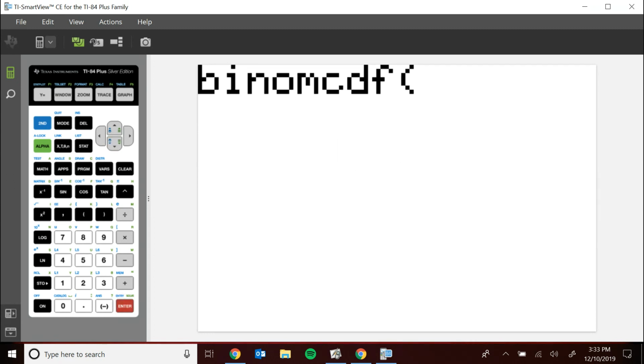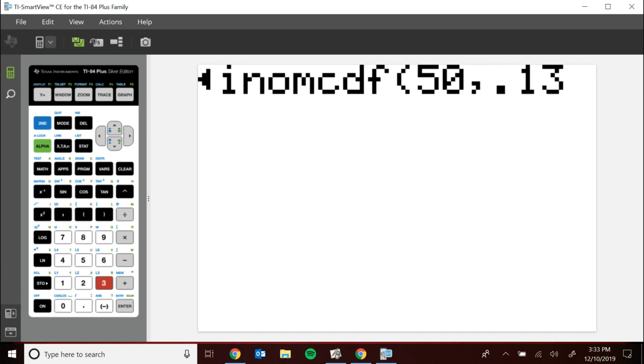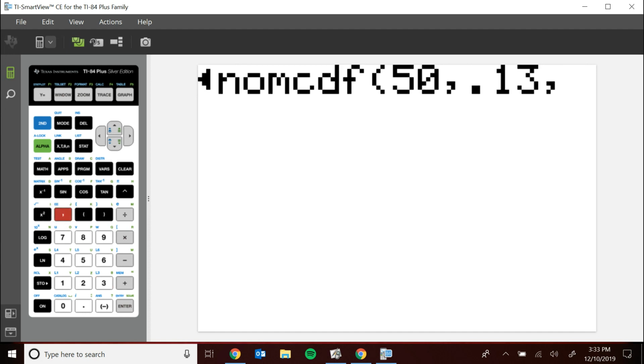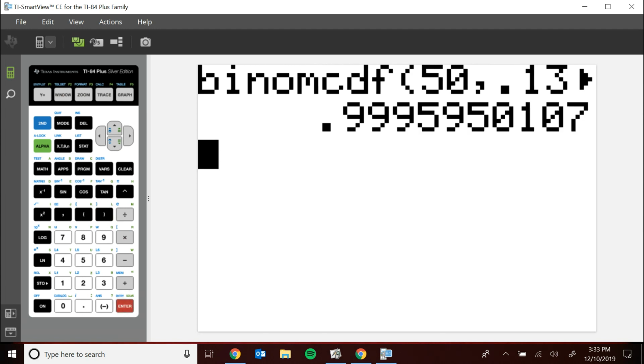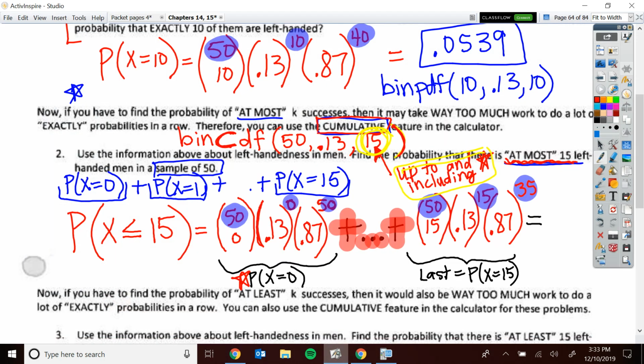But we want 50 is the N. 0.13% of them are lefties, and I want to accumulate up to and including 15 successes, and there it is, 0.9996. So that's very high probability. So our answer is 0.9996.